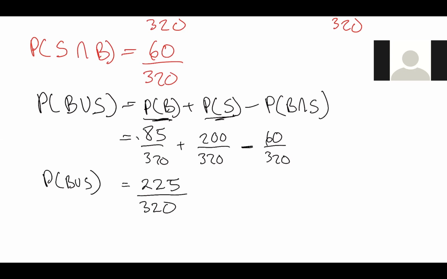So if we do 225 divided by 320, you should get 0.703 or 70.3%. And that's your final answer for that last problem. Any question for that last problem?